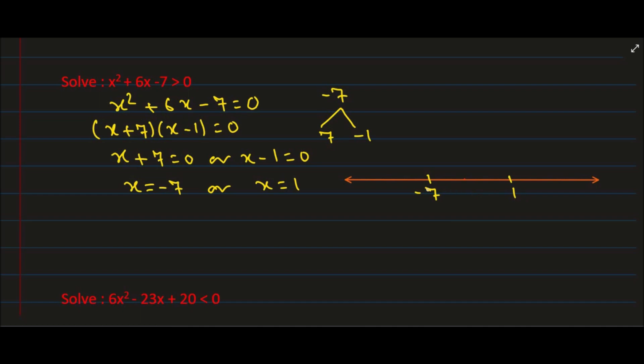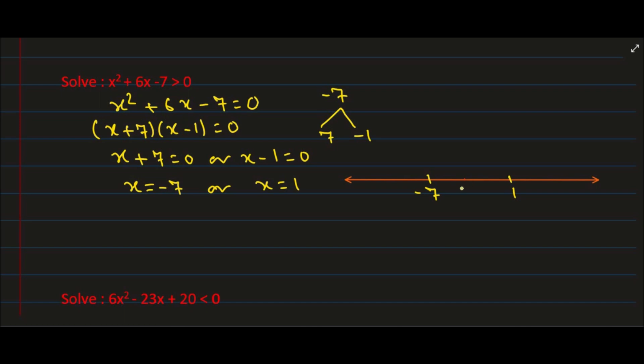Again we have three parts of this number line. We'll choose 0, and 0 falls in the region between minus 7 and 1, the middle region. It's not necessary to choose 0, but it is easier to calculate when putting the value in the expression.